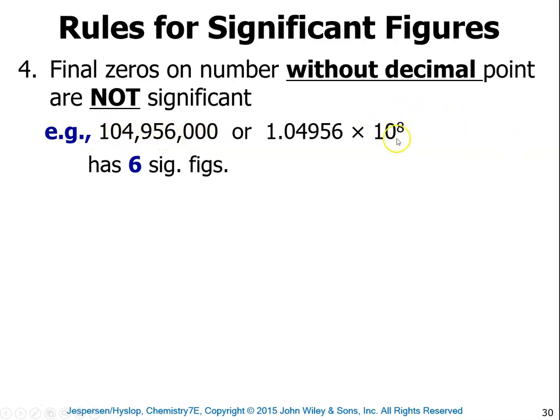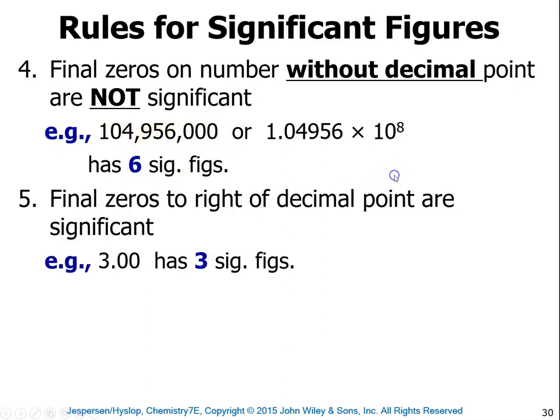That's where I get the 10 to the 8th. I get my scientific notation, and it's also now easy for me to count 1, 2, 3, 4, 5, 6. I have 6 digits. There's 6 significant figures. So if I don't put a decimal point here, then I don't count those zeros as significant.